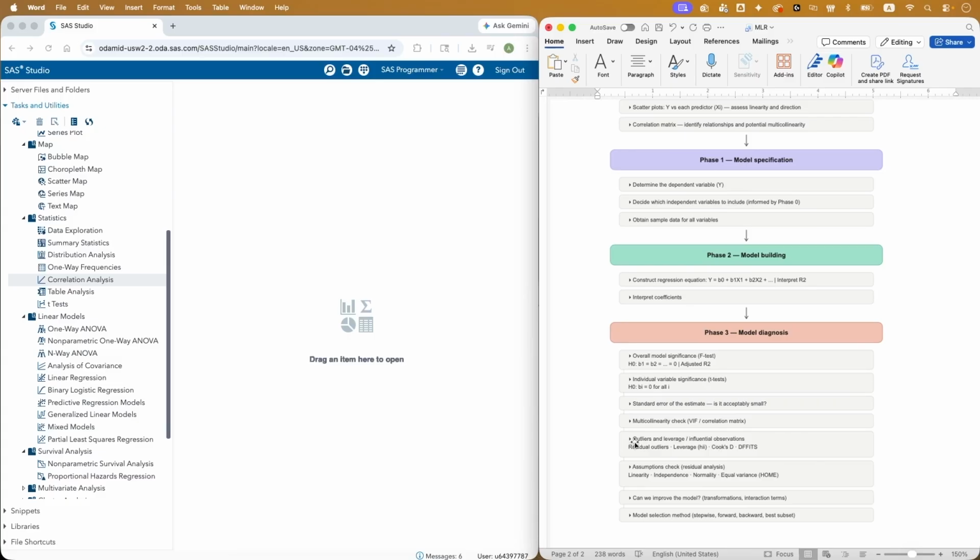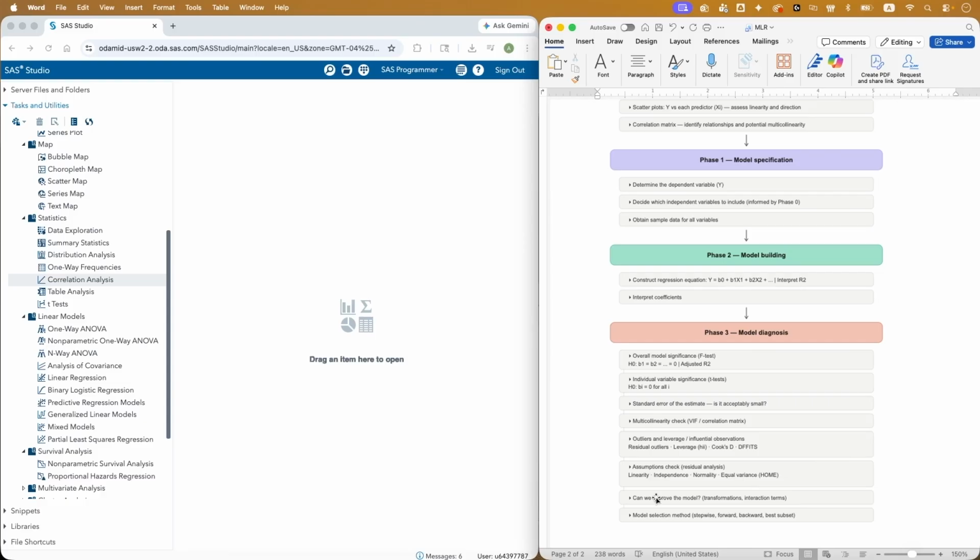Then we are going to look at the assumptions again. If we have issues with the assumptions, then we have to reconsider. The one that we can lean on is the normality; the ones that we have to be strict about are equal variances, independence, and linearity. If these are violated, we have to take some actions. What kind of actions do we do? We either add more terms to the model.